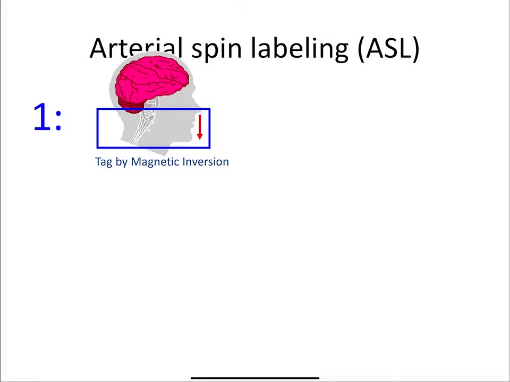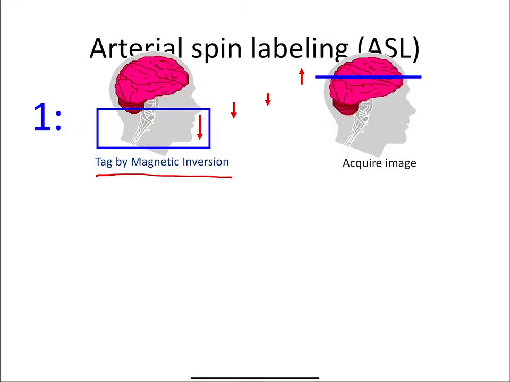That's what's called tagging by magnetic inversion, right? If I tag a spin here, it's going to flow up, right? And as it's flowing up, it's gradually relaxing back to where it wants to be. Then I acquire an image before it's fully relaxed back.